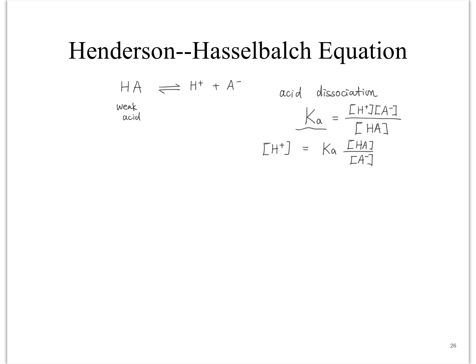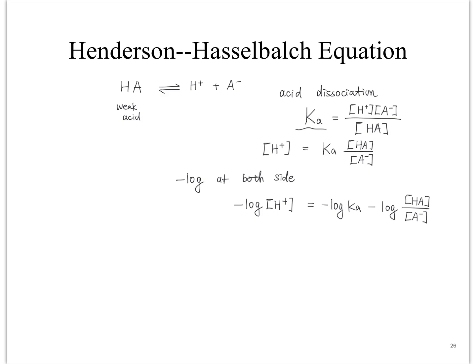Now we are going to take a negative log on both sides. So negative log of the proton concentration equals negative log of Ka minus log of HA divided by A minus, the conjugate base. So what do we see here?